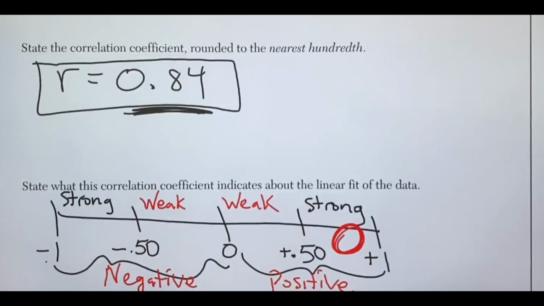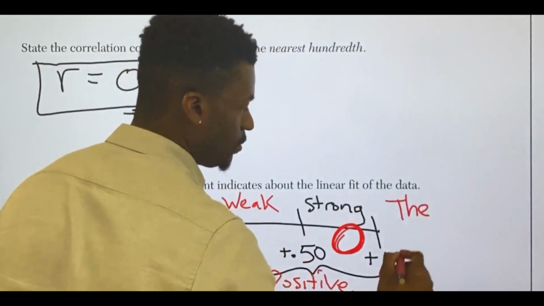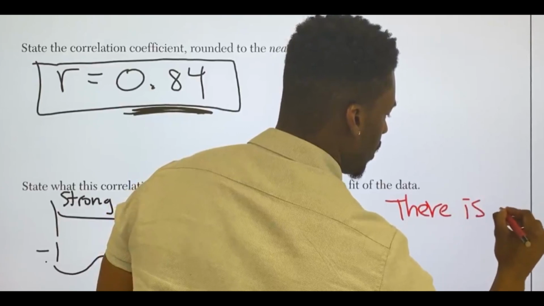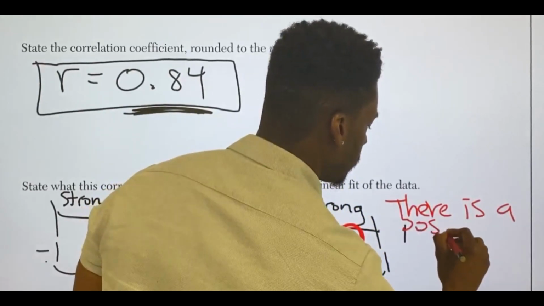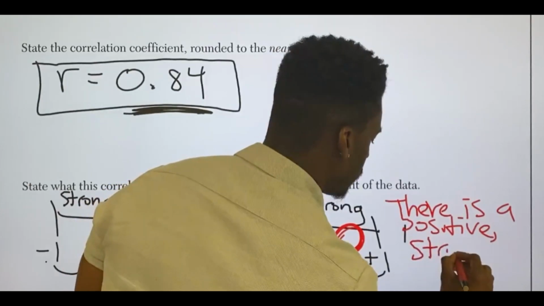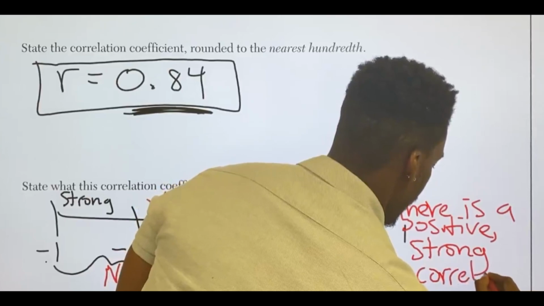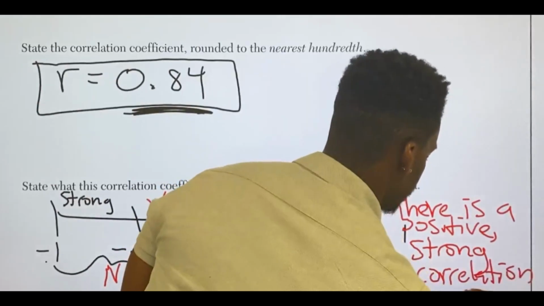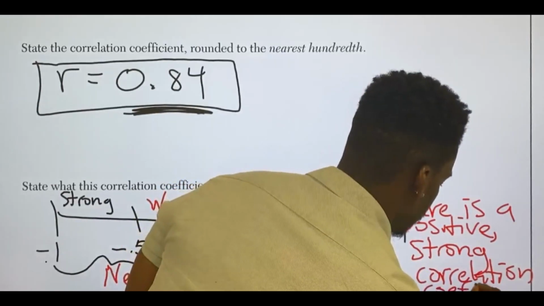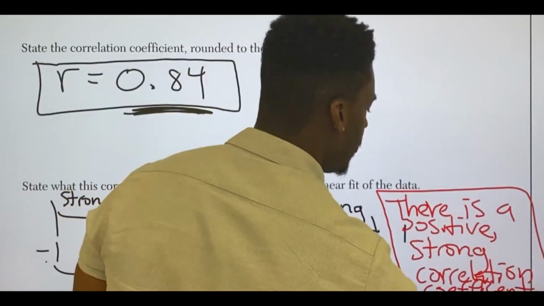So that means that when it says state what this correlation coefficient indicates about the linear fit of the data, you're going to say there is a positive, strong correlation coefficient. And that ends up being your final answer.